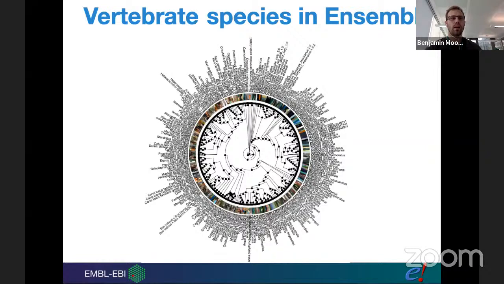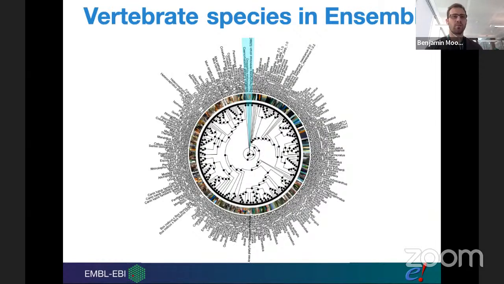Ensembl as a project is dedicated to vertebrate species, so those are species with a notochord. You can see here a representation of the different species that we have in Ensembl. We have the great apes: human, orangutan, gorilla, chimpanzee, and bonobo.